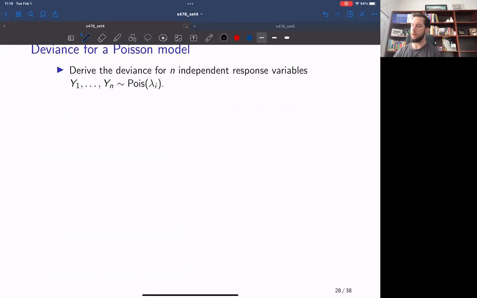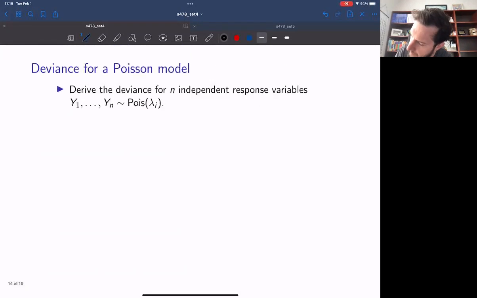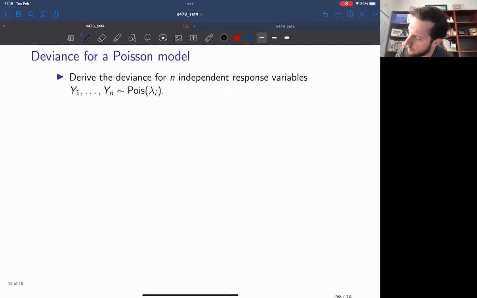So first off, let's quickly write down the PDF for a Poisson model.